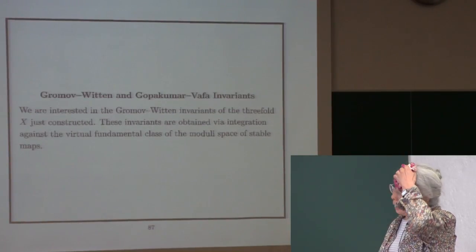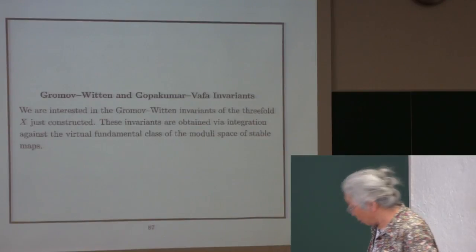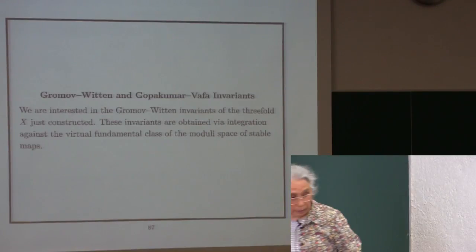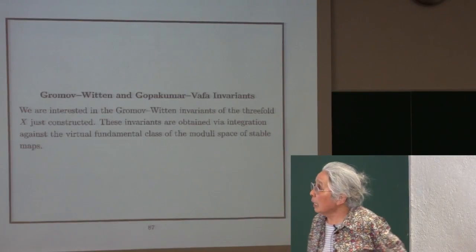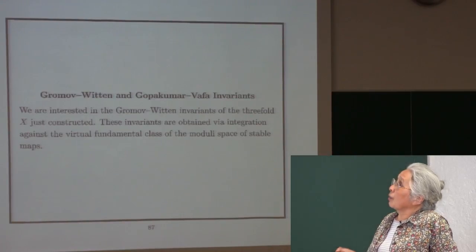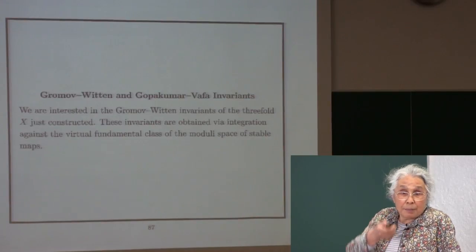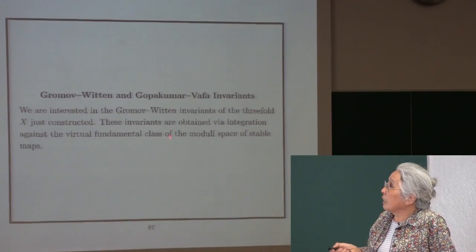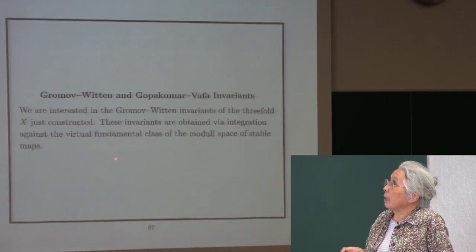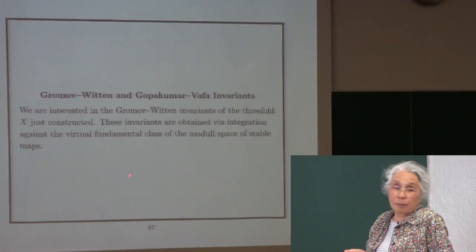Okay, so this is the Gromov-Witten and Gopakumar-Vafa invariants. How are they defined? We are trying to compute Gromov-Witten or Gopakumar-Vafa invariants for our Calabi-Yau threefold. These are obtained by integrating against the virtual fundamental class of the moduli space of stable maps.